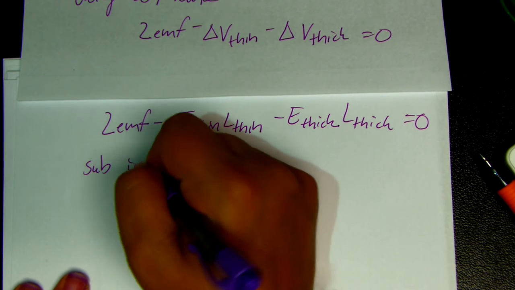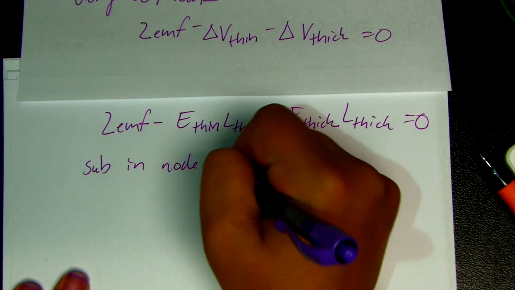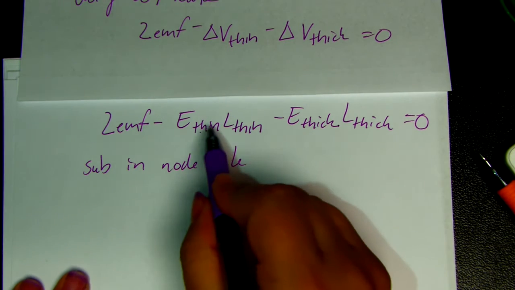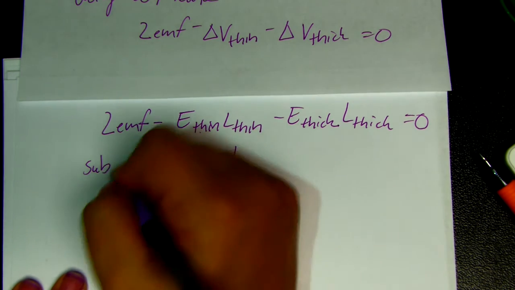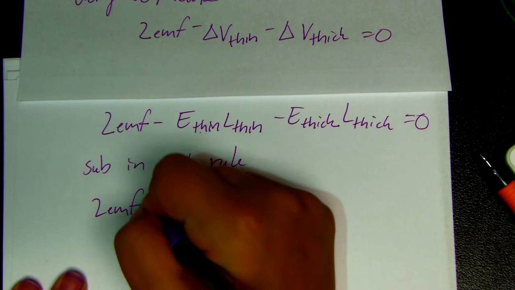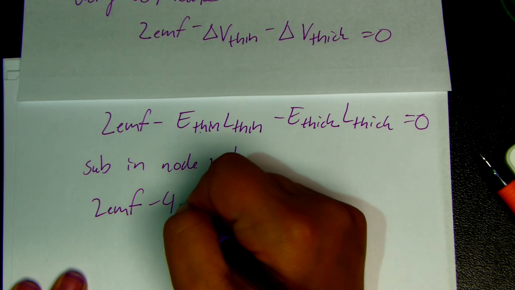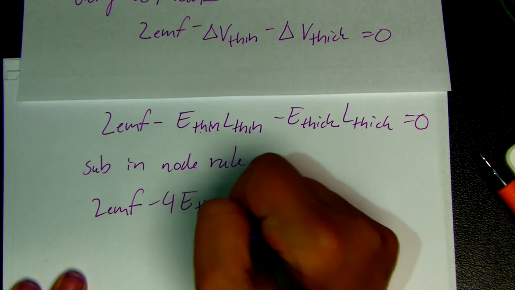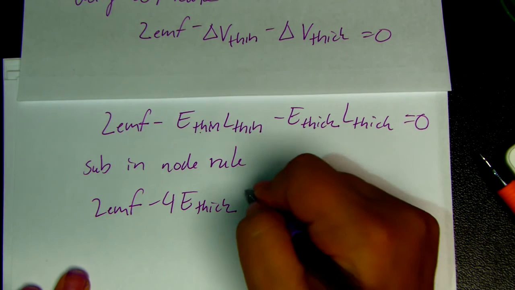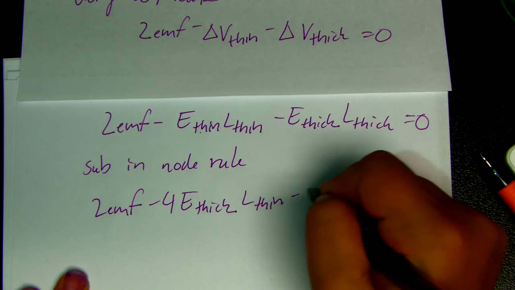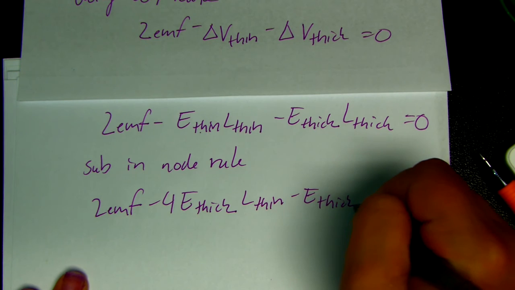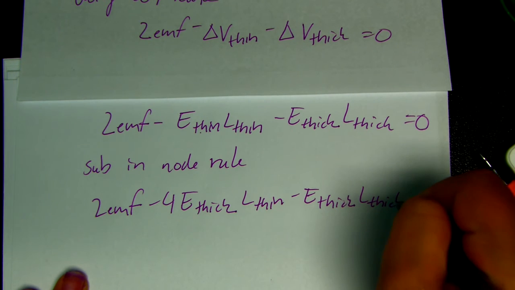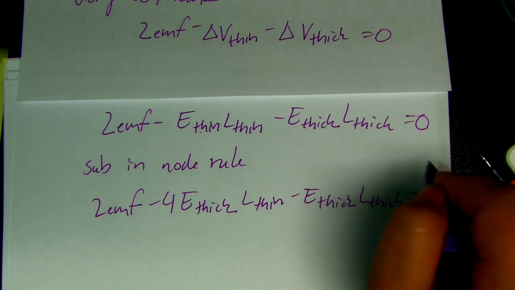We can sub in node rule because we can put the electric field of the thin wire in terms of thick. So then we have 2 EMF minus 4 E thick L thin minus E thick L thick equals 0.